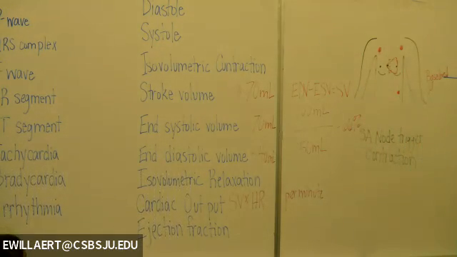The higher your ejection fraction is, the better and more efficiently your heart is working. Okay, so we say that an ejection fraction above 65 is good. You're never going to have a 100% ejection fraction. We're not that efficient. But a 65% ejection fraction is really good.